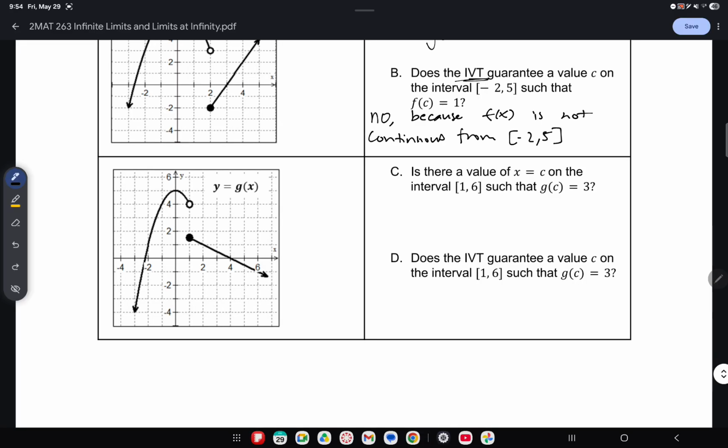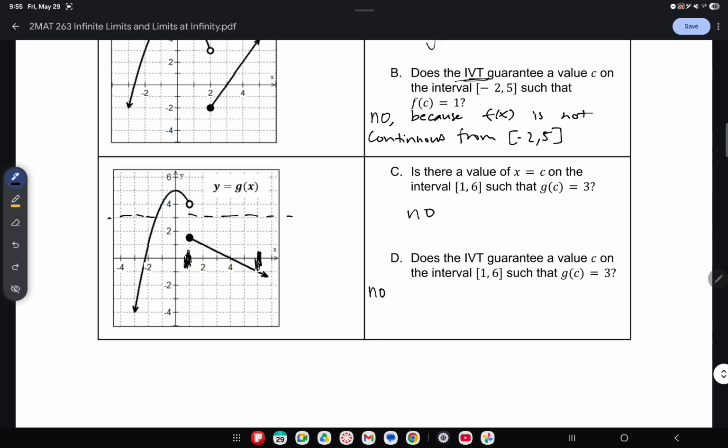All right, is there a value from 1 to 6 where g of c is 3? And no, there is not. And does the intermediate value theorem guarantee one? No, because while it's continuous here from 1 to 6, g of c equaling 3 doesn't occur within that interval at all.